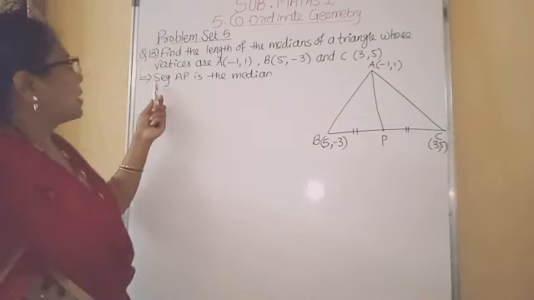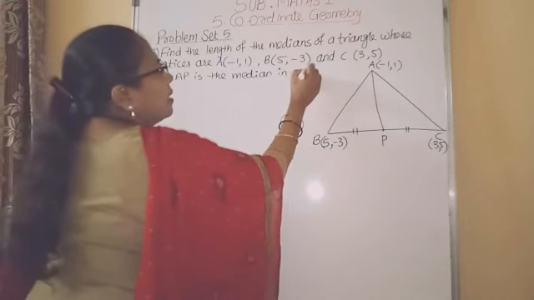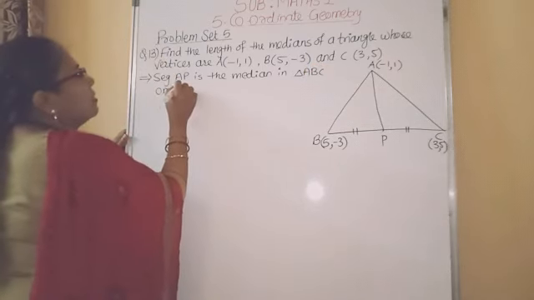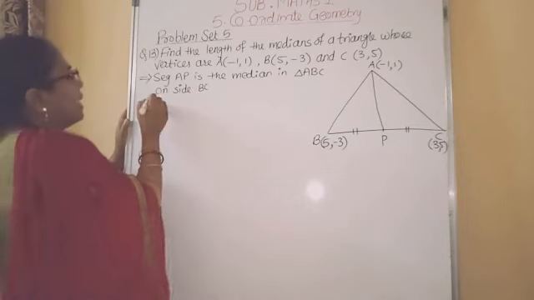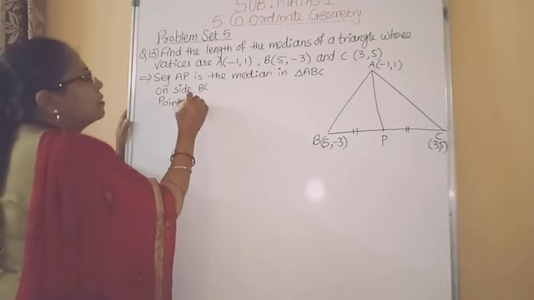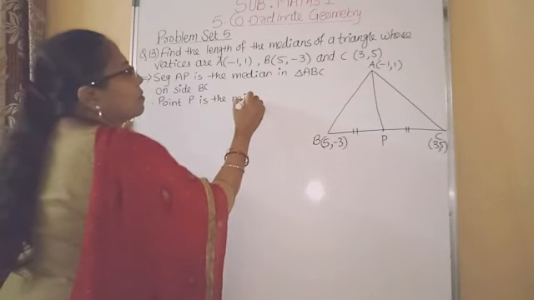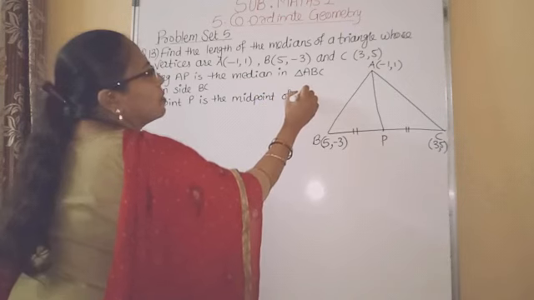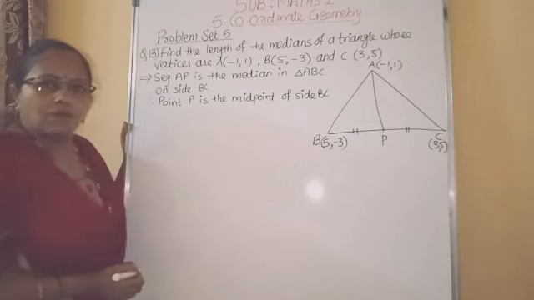Okay. So segment AP is the median in triangle ABC on side BC. Okay. Therefore, point P is the midpoint of side BC. Okay.